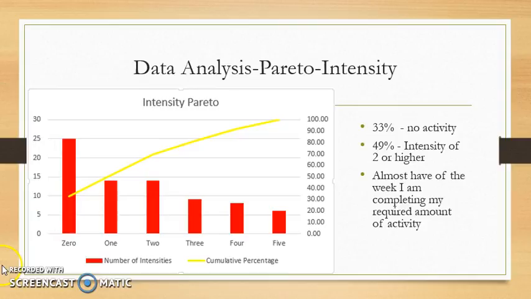Then, looking at the range I need to be in, that 2 to 5 range for intensity, that actually took up 49% of all the days. So there's a good amount of those. That makes up half of a week, which would be 3.5 days, so almost half are inside of that goal that I set for myself. That's not horrible, but obviously there's room for improvement.